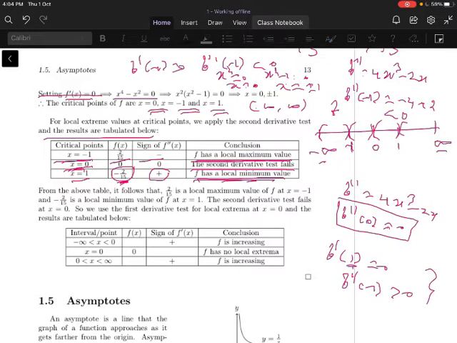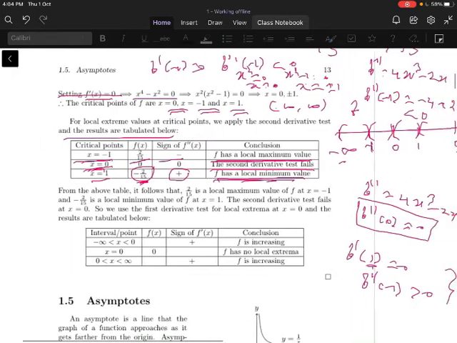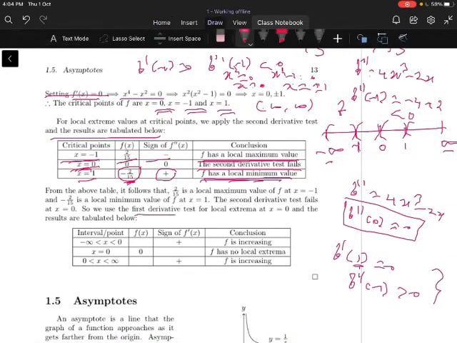But for x equal to 0, the second derivative test fails. So to determine the local maximum or minimum at x equal to 0, let us apply the first derivative test. Now the results are tabulated below. At x equal to 0, our domain is split into two subintervals, minus infinity to 0 and 0 to plus infinity. For minus infinity to 0, let us check what f dash is. F dash is positive.